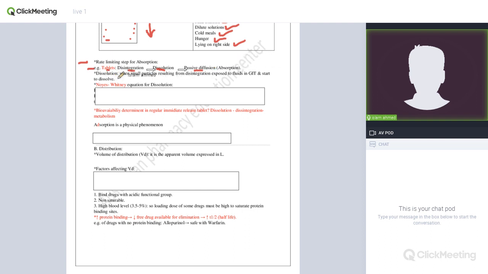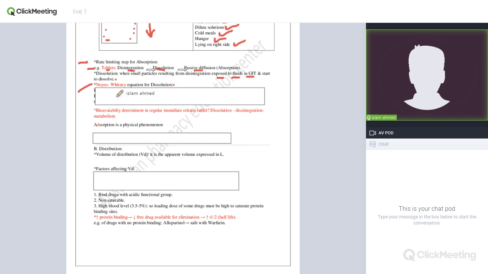So as we see here, in the dissolution, fine particles which have been disintegrated are exposed to the fluids of the gastrointestinal tract to be dissolved. That process follows an equation, and its name is very important. Its name is the Noyes-Whitney equation for dissolution.